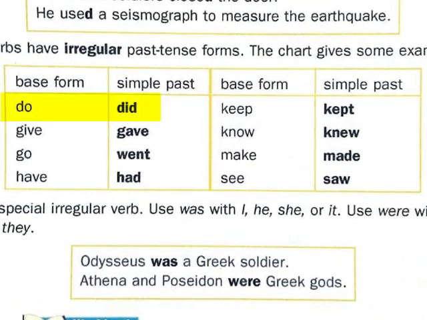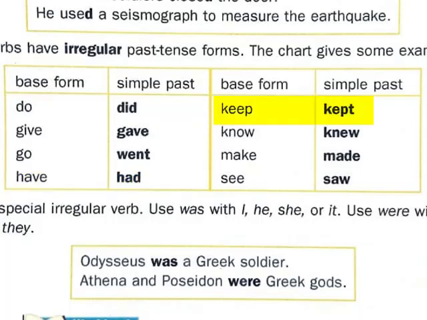Look, do. The past of do is did, completely different. Give. We don't write gift. We write gave. Go. We say went. I go to school every day, but yesterday I went to school. Have, had.